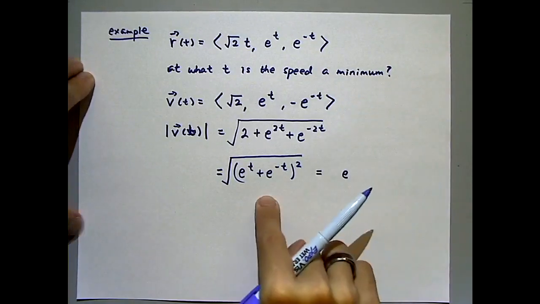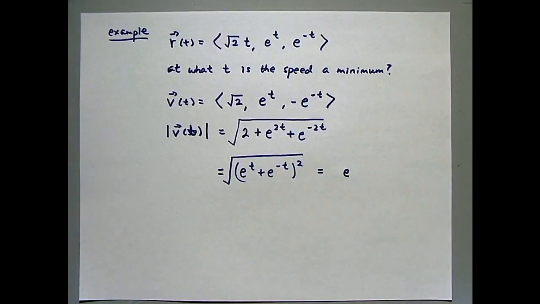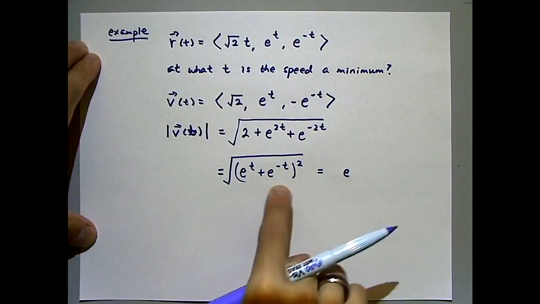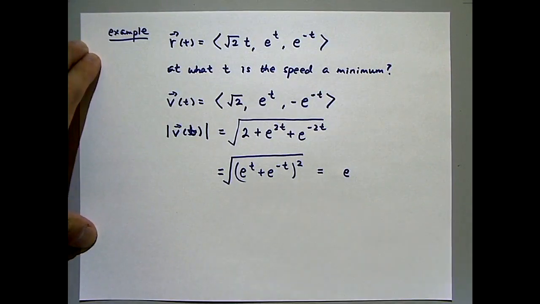By the way, which sign do I take when I take the square root? Why not a negative? Right, speed is positive. So we got to make sure that this stuff, e to the t plus e to the minus t, is positive. If this is positive, then I take the positive root to make it always positive. The end result is that speed has to be positive.